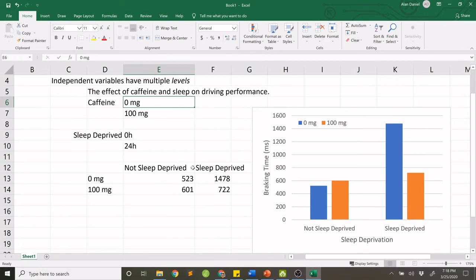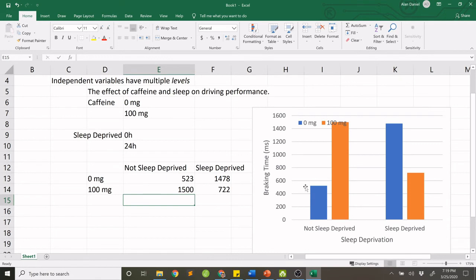Before we move on, let me give you one or two more examples. This first example had maybe a main effect of sleep deprivation, no main effect of caffeine, but it definitely had an interaction because this difference is much bigger than this difference. I'm going to change these numbers up a bit and see how the situation changes. What if we got something like this?